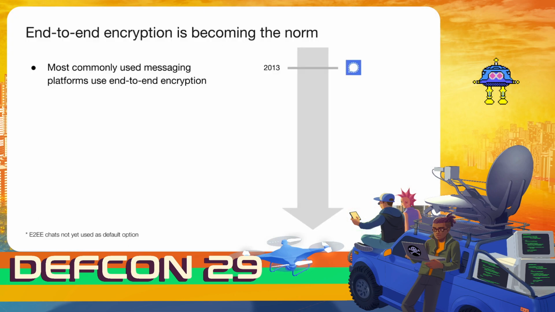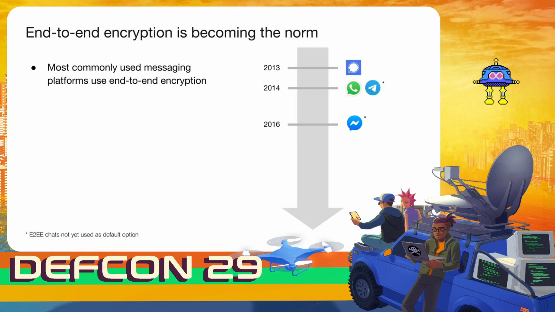End-to-end encryption is becoming the norm today. It started in 2013 with TextSecure, then Signal today, releasing the end-to-end encrypted messaging protocol and their app, which was then adopted in 2014 by WhatsApp as well as Telegram.